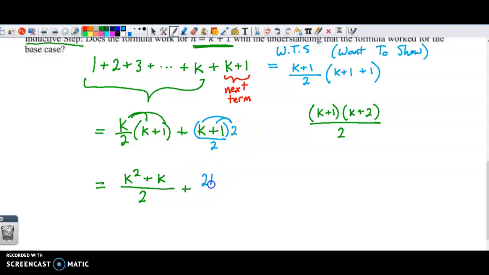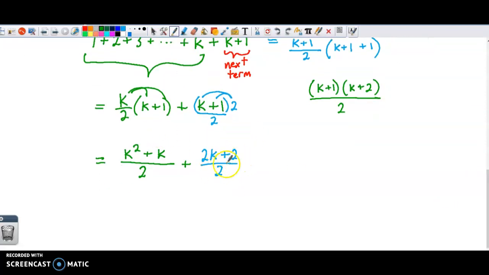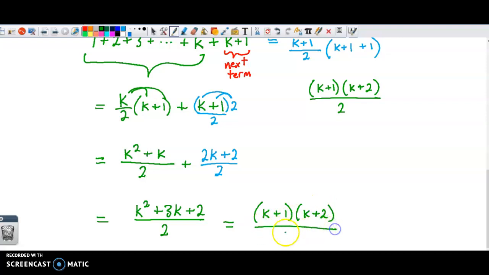So we're looking at 2k plus 2 all over 2. By doing that, you can see I'm getting the same denominator. So I have k squared plus 3k plus 2. Then look at the numerator. You can factor that to be k plus 1, k plus 2, all over 2.